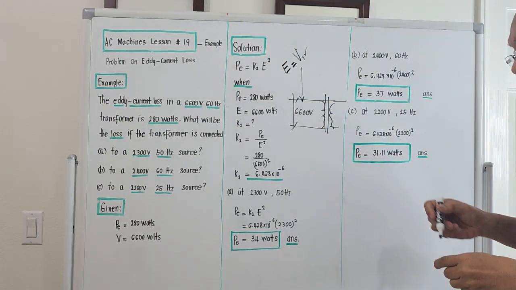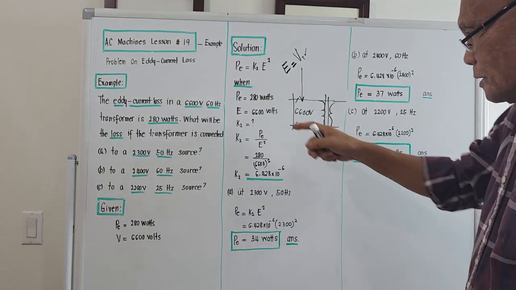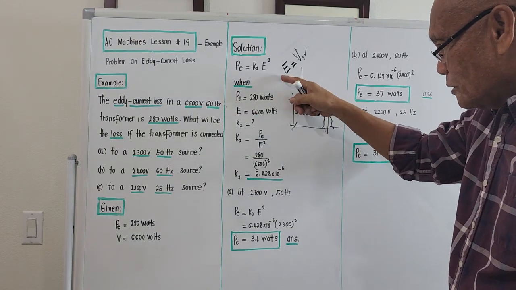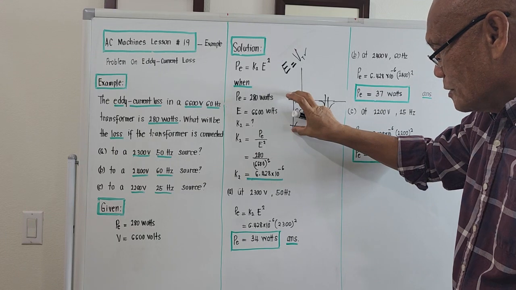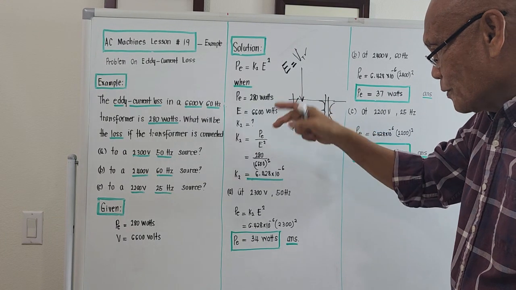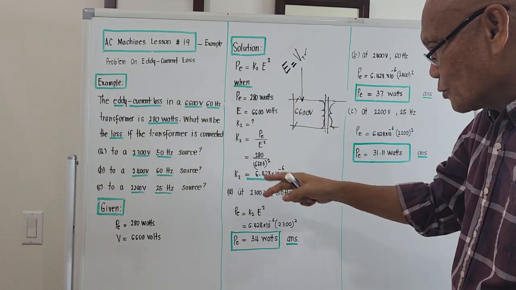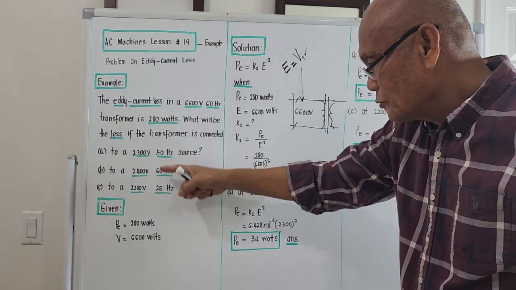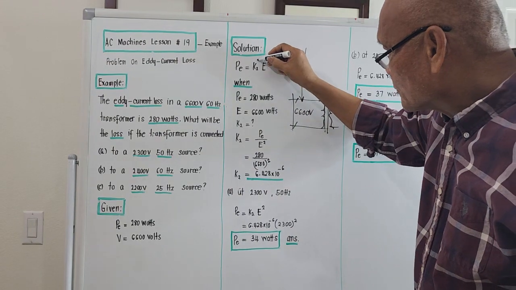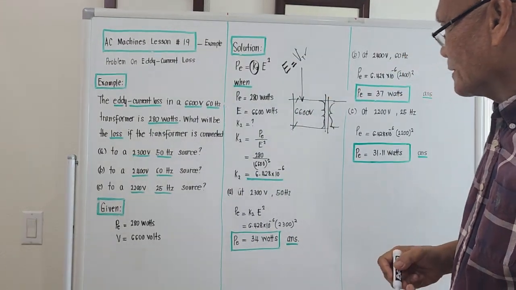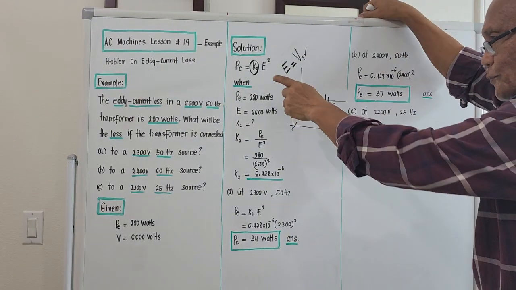Okay, so for the first condition, the eddy current loss is 280 when the terminal voltage applied is 6600. To compute for the eddy current loss when the voltage is 2300, 2400, and 2200, we must first compute for this K2.